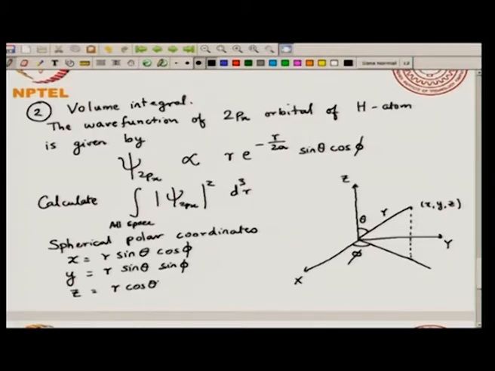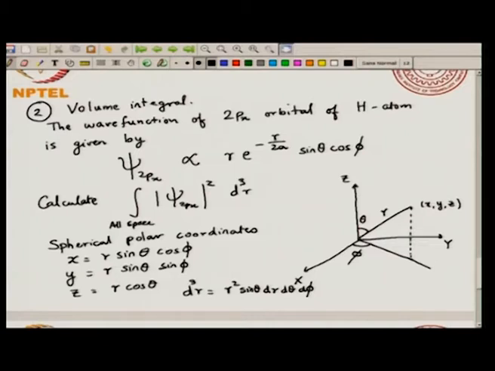The other thing that you need to know is that d cube r can be written as r square sin theta dr d theta d phi.